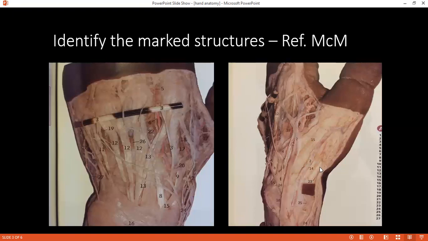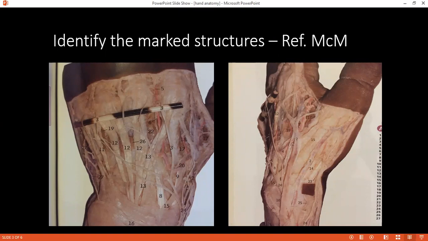Coming to the right-hand side image, this area has a special name. Can you identify this area? Anatomical snuffbox. Can you tell me the boundaries of the anatomical snuffbox? On the radial side, abductor pollicis longus and extensor pollicis brevis, and on the medial side, the extensor pollicis longus.